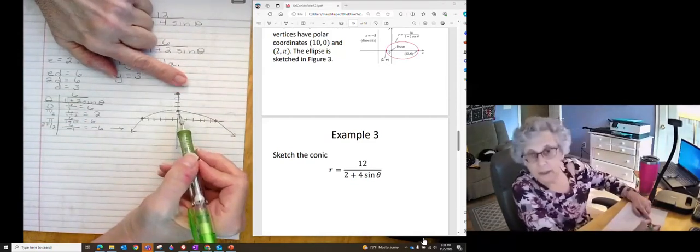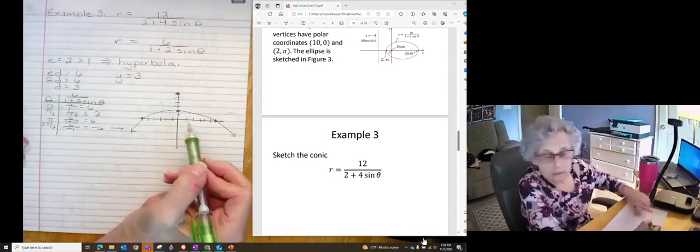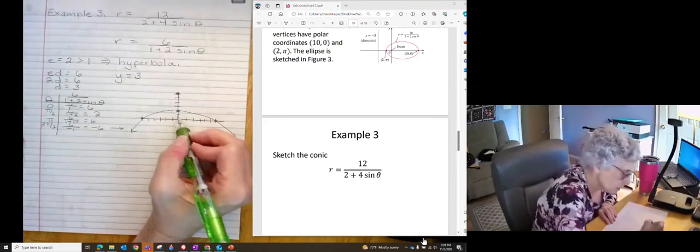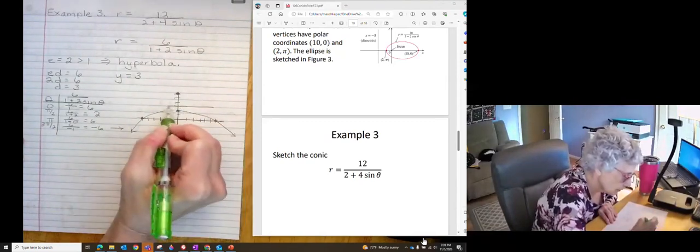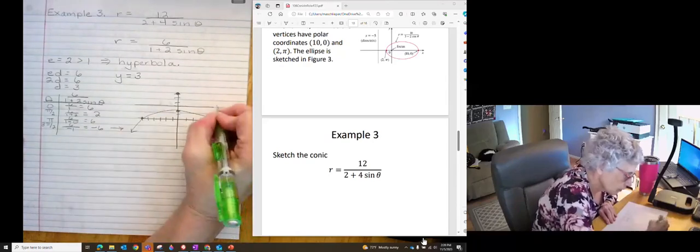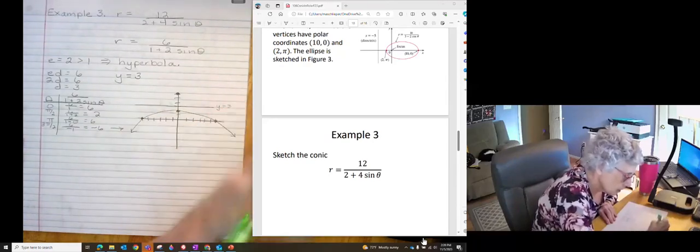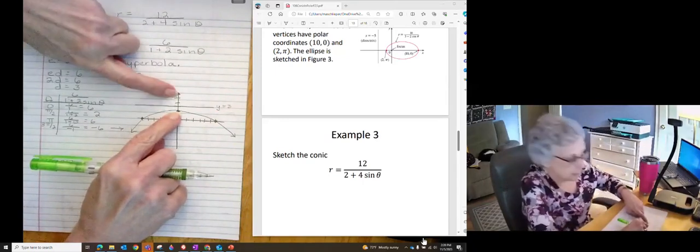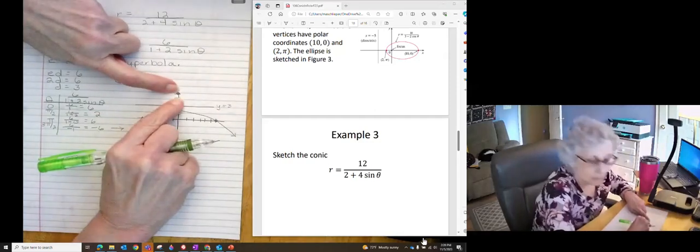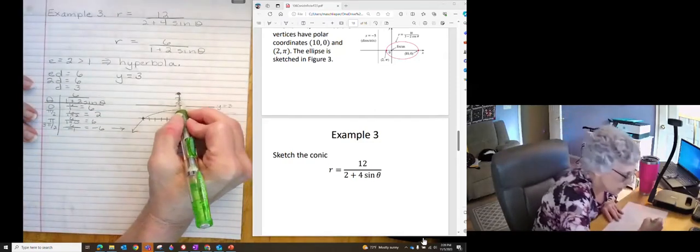I like to go ahead and draw in my directrix at y equals 3. So this was 1, 2. Y equals 3. There's another directrix that is 1 unit away from this co-vertex.